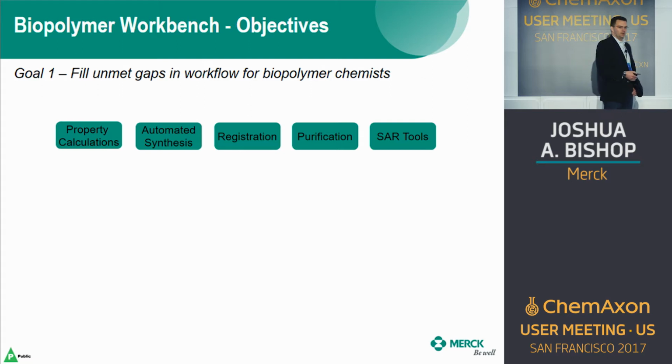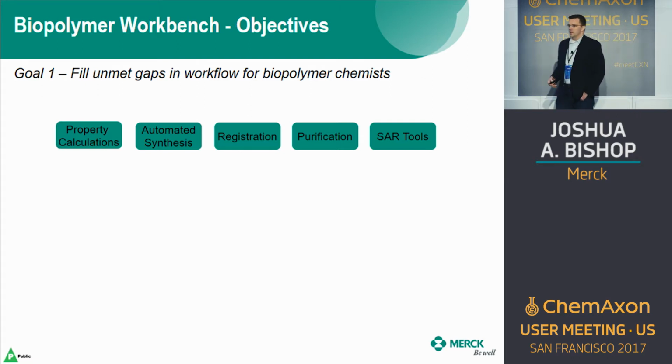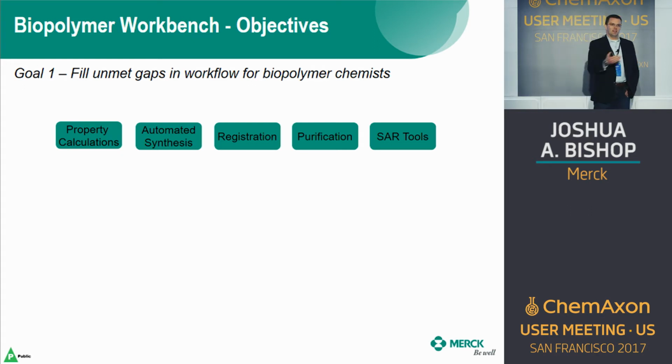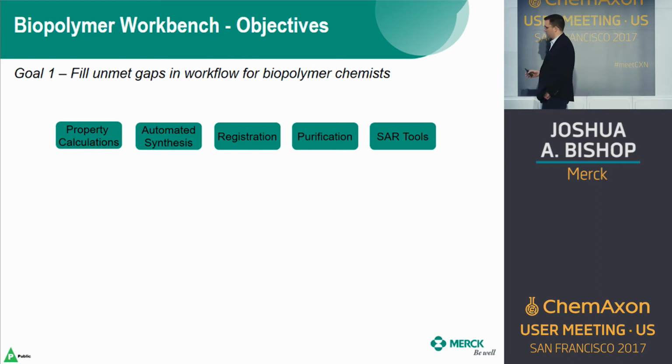Their purification needs are different. And specifically, their structure-activity relationship tools are very, very different. If you take a biopolymer of 15 monomers, you basically have 15 small molecules that you're trying to optimize, as well as that 16th, which is the entire entity itself. So it's a very complex system for structure-activity relationship and very, very different from small molecules.